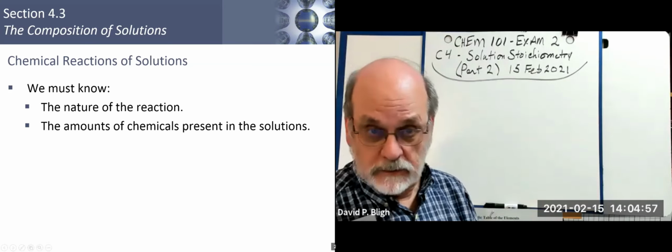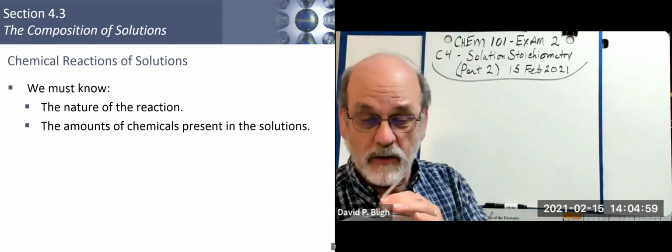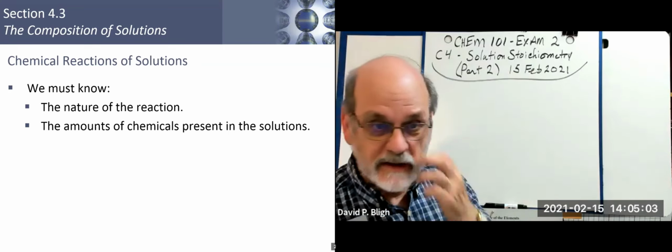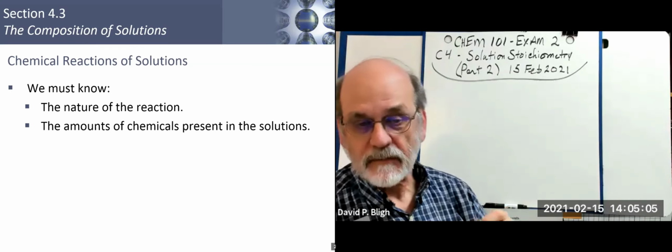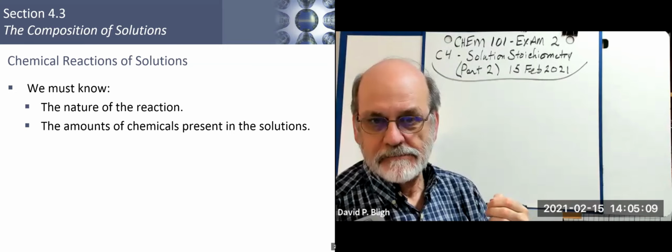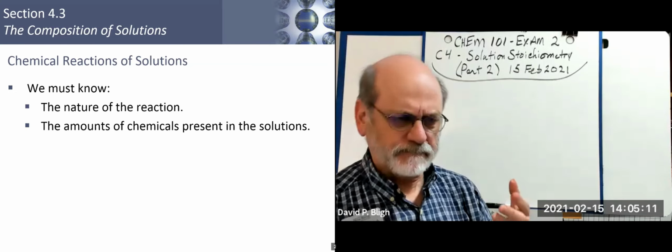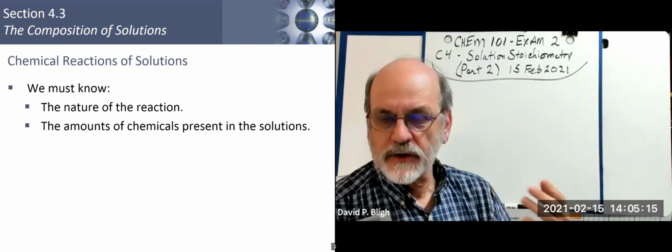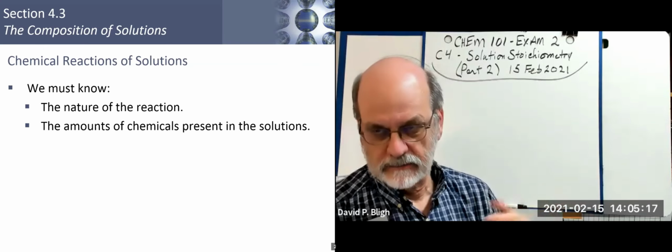When we're discussing chemical reactions of solutions, we need to know something about the nature of the reaction. And by that I mean, for example, does the reaction produce an insoluble product? That's one type.